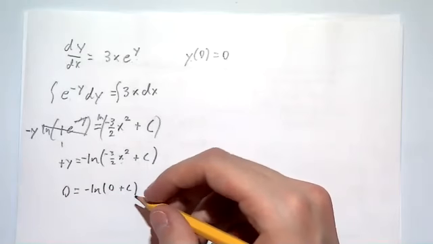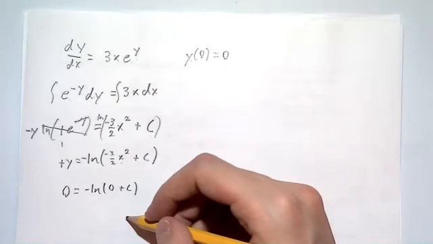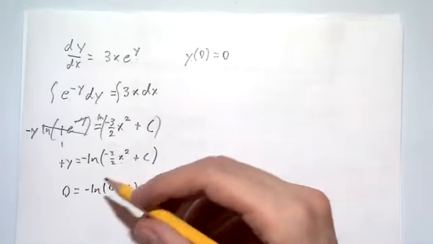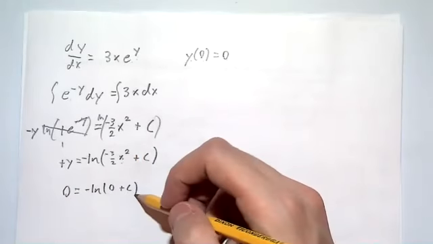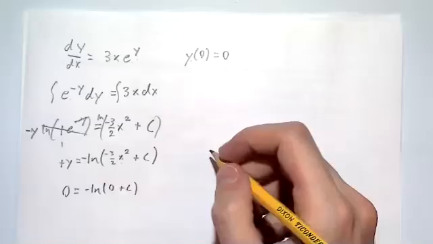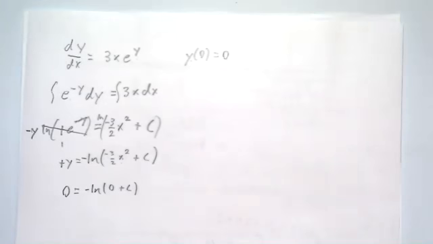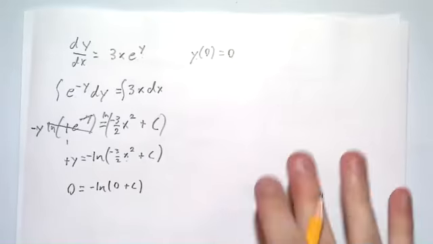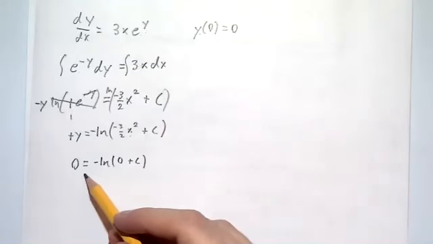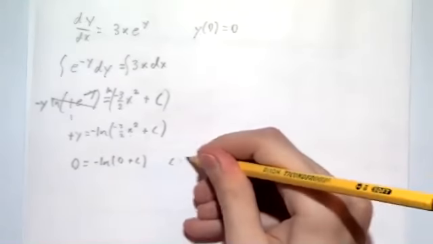And that would just be 1. The reason why it's 1 is because e to the 0 power is equal to 1. So, yeah, here we just say c is equal to 1. That resolves it.